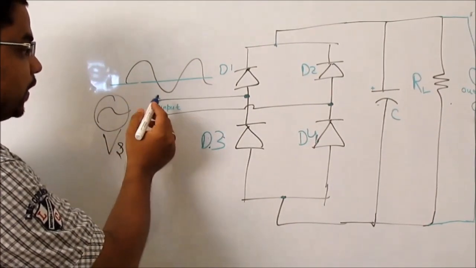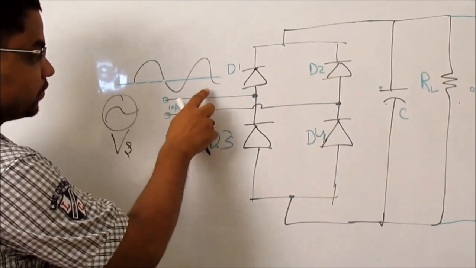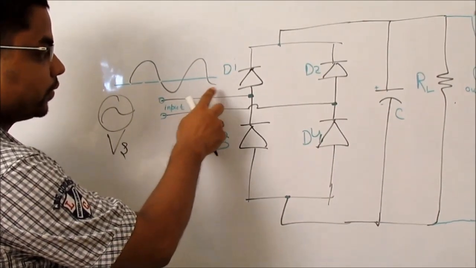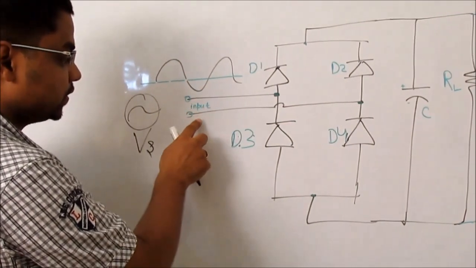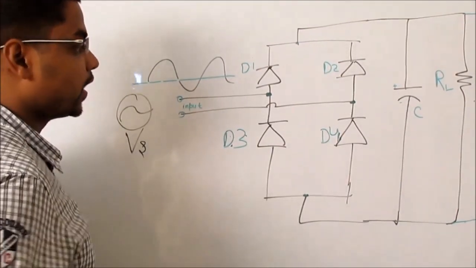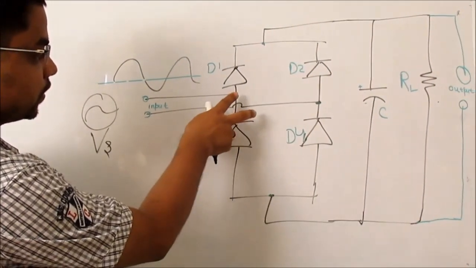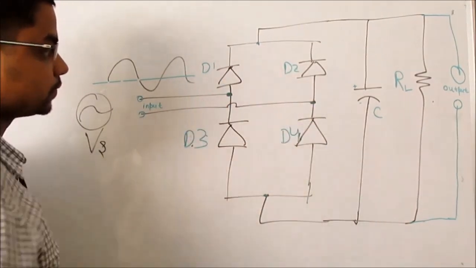During the positive half cycle, from this duration to this duration, this terminal is at higher potential compared to the other, and during the negative half cycle, the other terminal is at higher potential. We have applied the AC voltage between these two terminals.